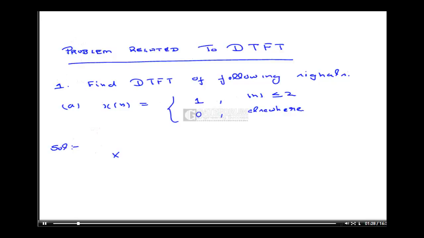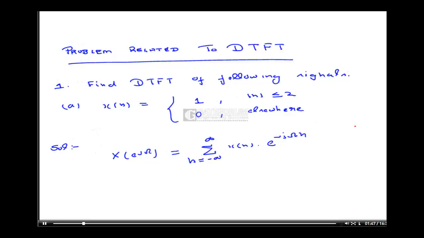The formula of DTFT: summation from minus infinity to infinity x[n] e to the power minus j omega n.